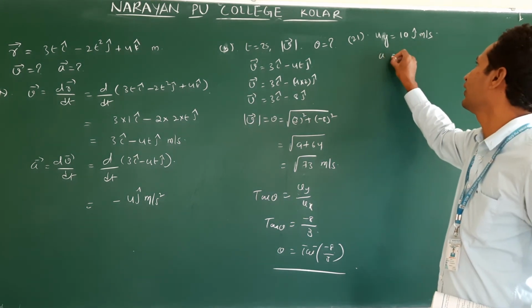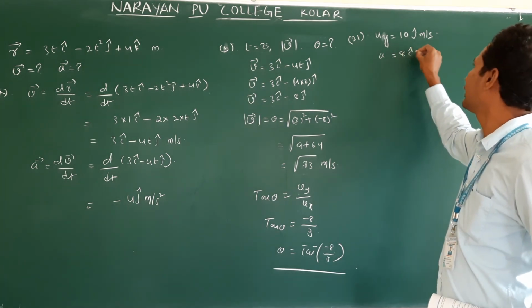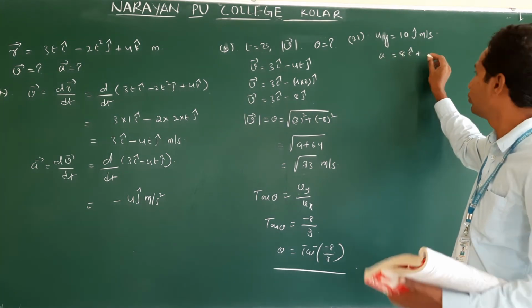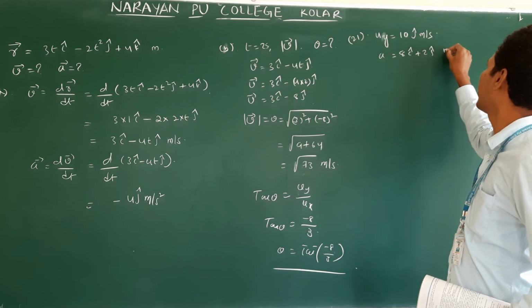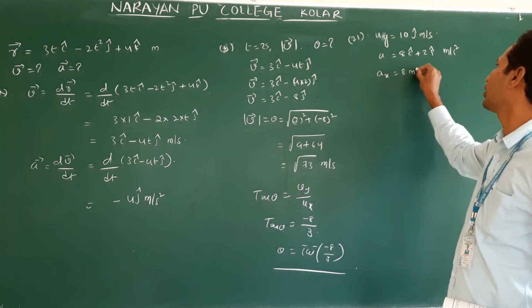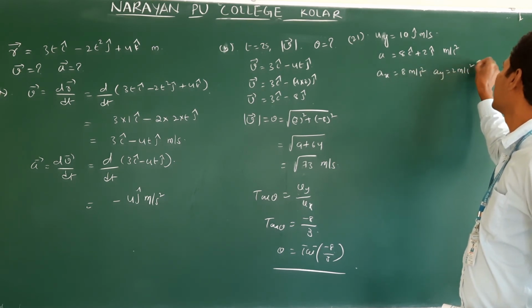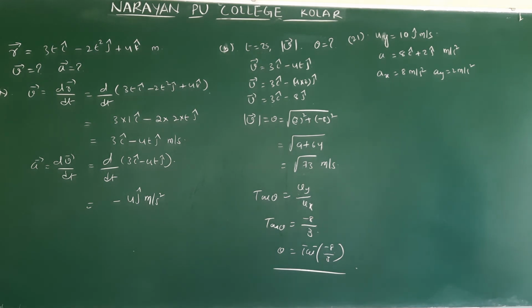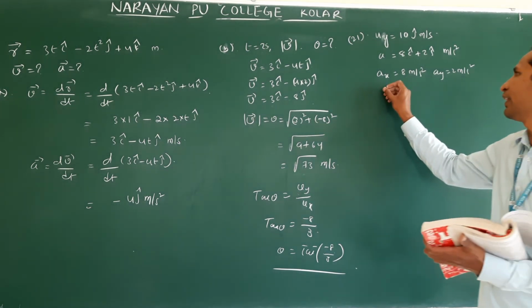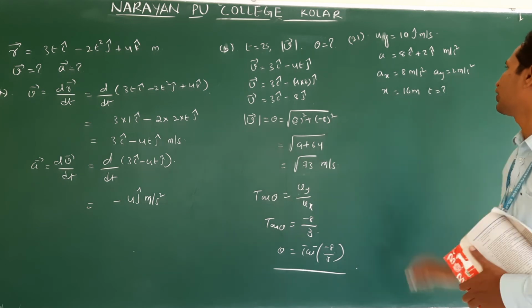A is equal to 8 i cap plus 2 j cap meter per second square. What does it mean? Ax is equal to 8 meter per second square, Ay is equal to 2 meter per second square. At what time is the x coordinate of the particle 16 meter? When x is equal to 16 meter, what would be the time? This is the first question.